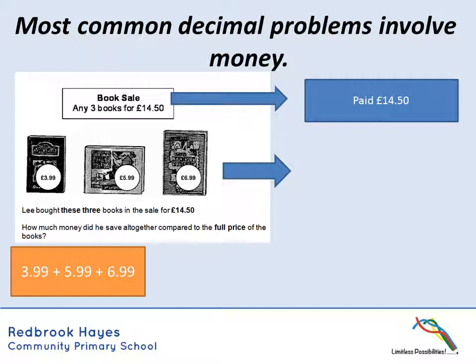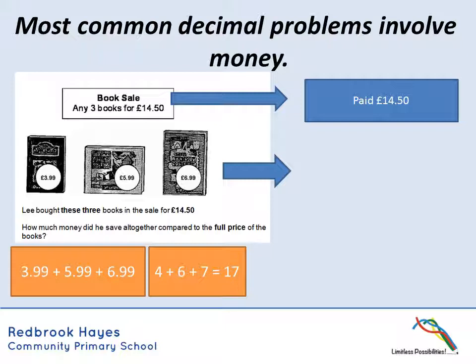So let's have a look at how we might add those original prices together. Now you could obviously just use the column method like we've been looking at this week, but I think there's a quicker way, and I'm going to show you how I might do this with a mental strategy. So at the bottom you can see I've set up my £3.99, add £5.99, add £6.99, and what I've actually done is I've just rounded it up by a penny, because that's what we often get in shops, 99 pence. So I'm actually going to do 4 add 6 add 7.